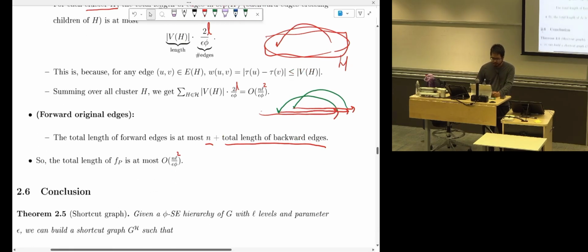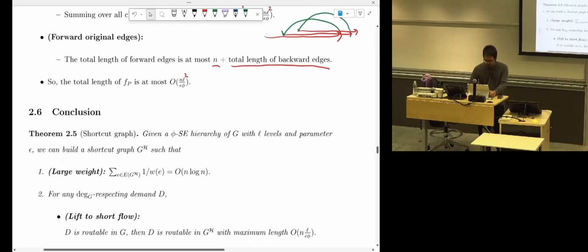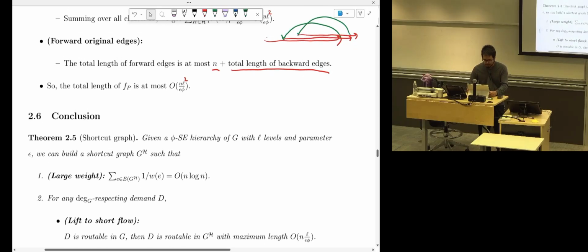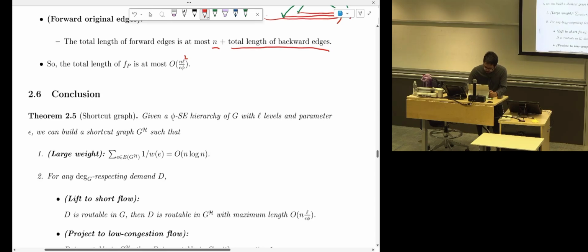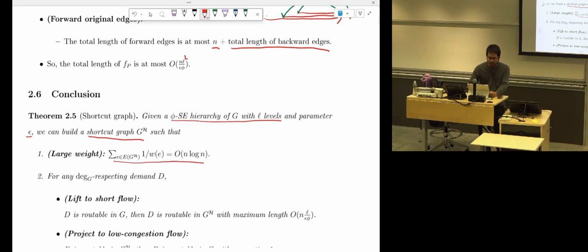Okay, so let me conclude about this core structure. Suppose that I have a hierarchy with L levels and some parameter epsilon. We can build a shortcut graph of a graph such that the weights are quite large.